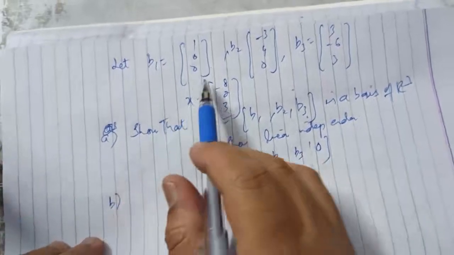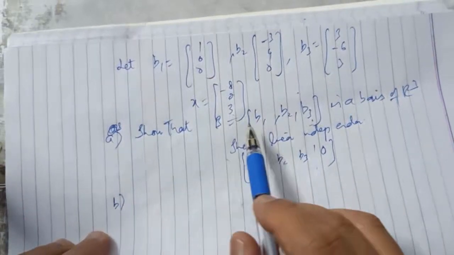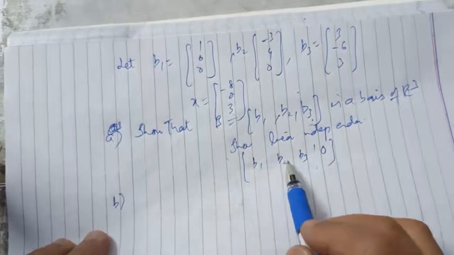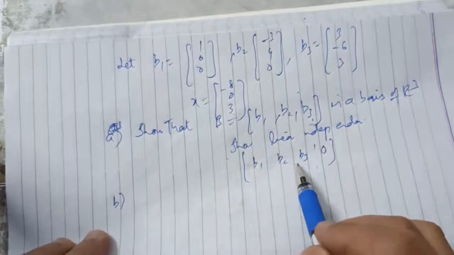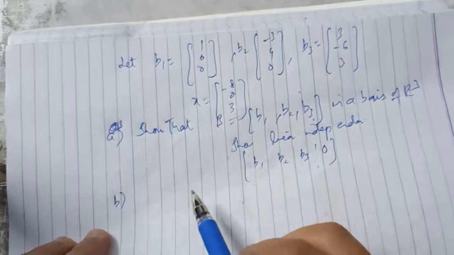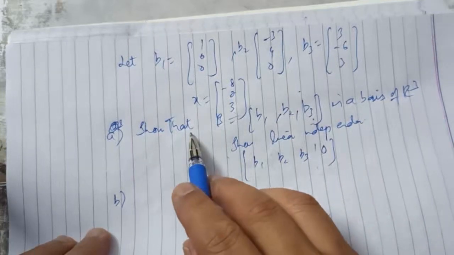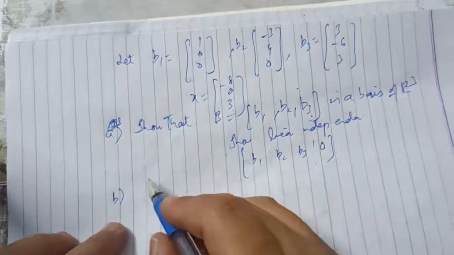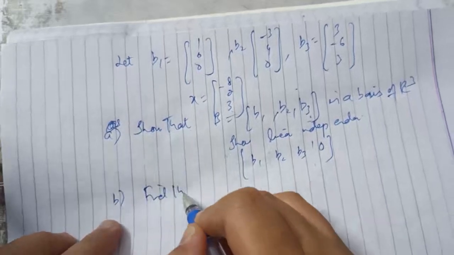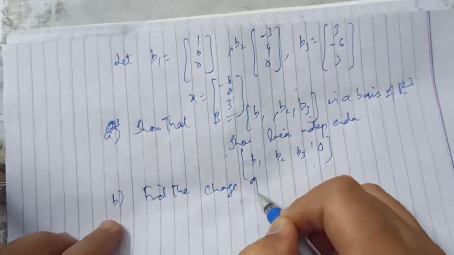If there are free variables, it means they are not linearly independent. If there are no free variables, it means they end up having a trivial solution, so they are linearly independent.